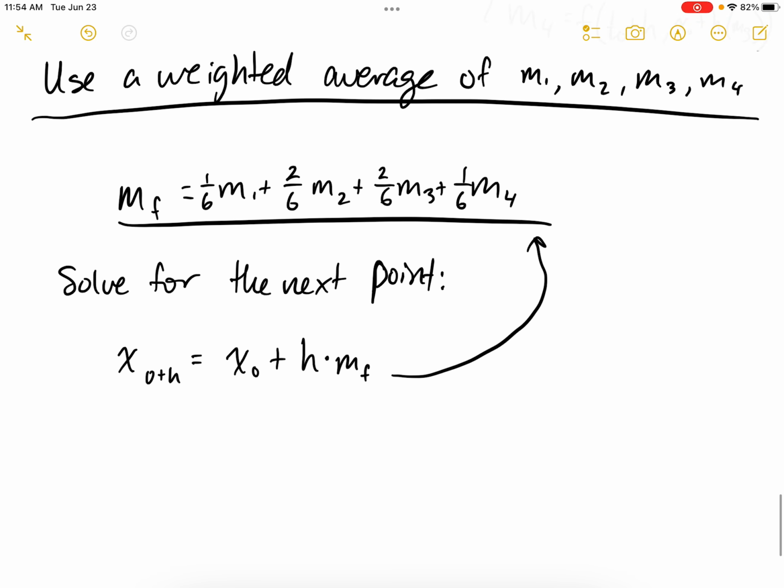And then we finally move on to the next point, and repeat this process.